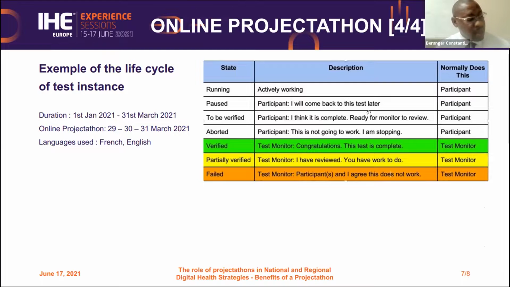As you know, as monitors, we were largely supported by monitors from IHE services and Caravel. It was a very good experience for us. Their support has helped us a lot beyond the training we received. And we plan to organize at least one other Projectathon before the final delivery of the Gabonese health system, with the help of IHE services.